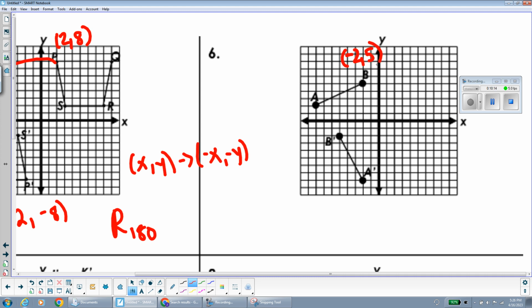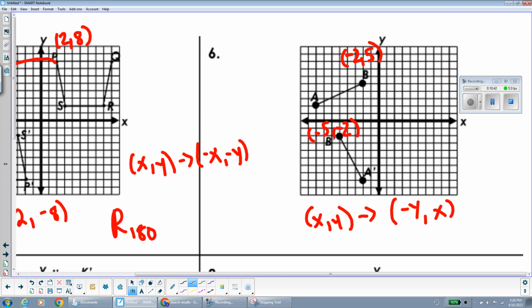And B prime is the point -1, -2, -3, -4, -5, -2. So the order definitely changed here. So let's see how the points changed. The order changed and the original y coordinate became negative. So the rule that happened here is -y comma x.